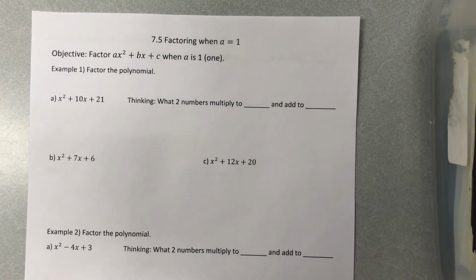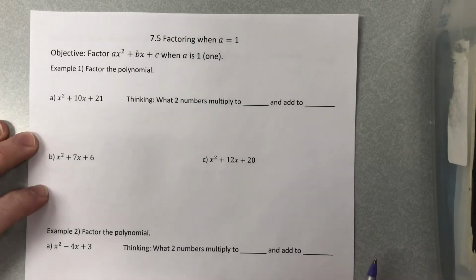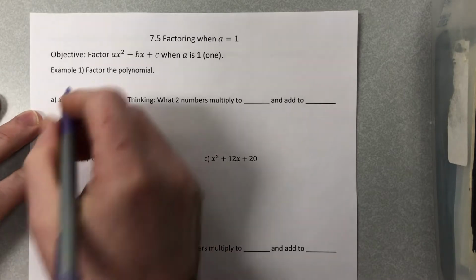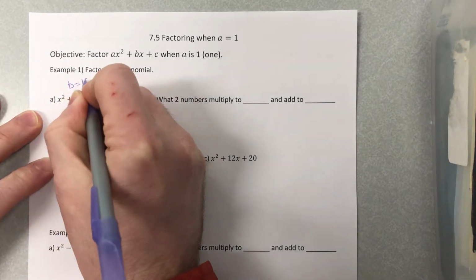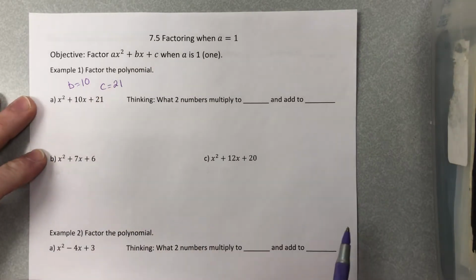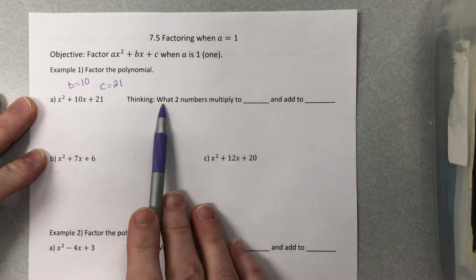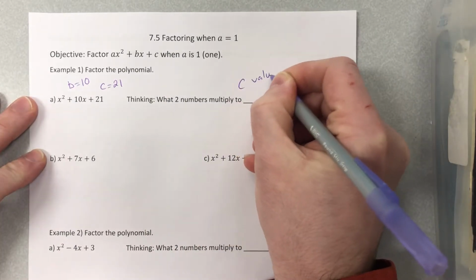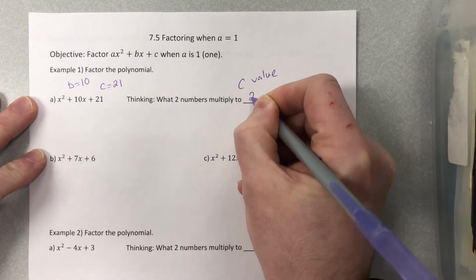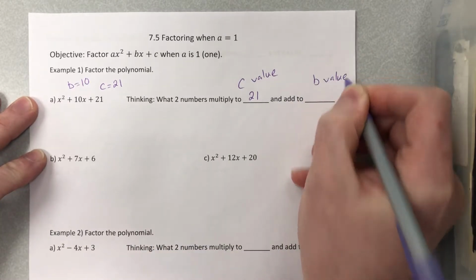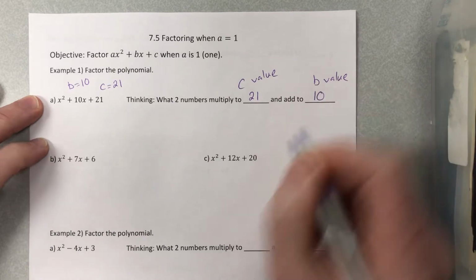Okay? So when we look at the first one, it says x squared plus 10x plus 21. Well, in this case, I know that my b is 10 and my c is 21. All right? So to start off, we need to think what two numbers multiply to our c value, which is 21, and add to our b value, which in this case is 10.